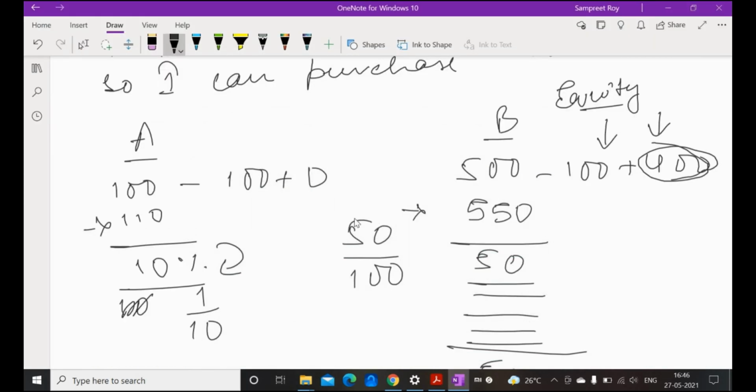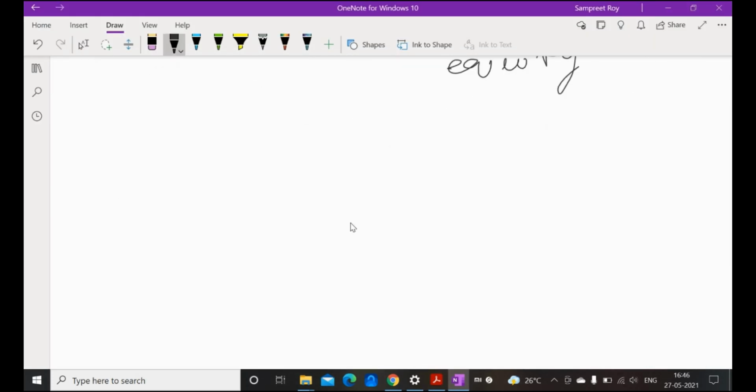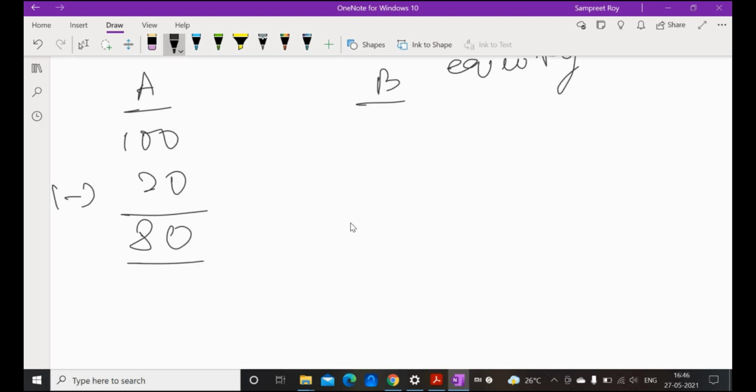So what is told is that I talked about profit, when the value of the house goes up. But what if it goes down? Suppose it goes down by 20%. So I am left with 80 rupees worth of asset, right?